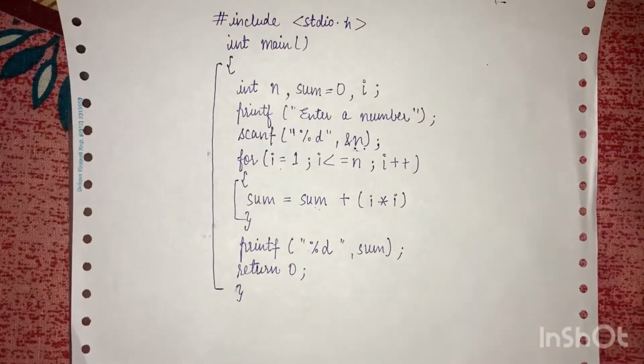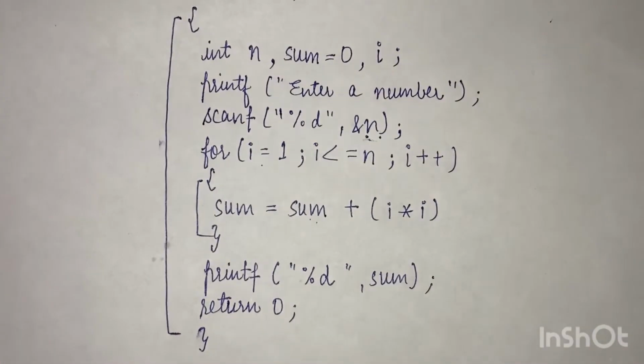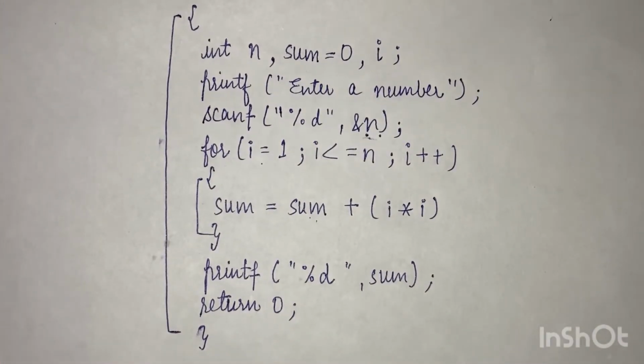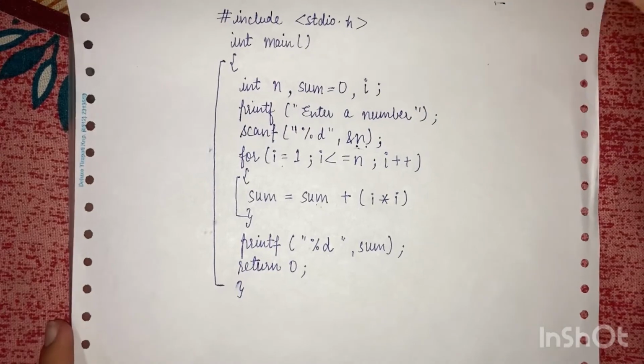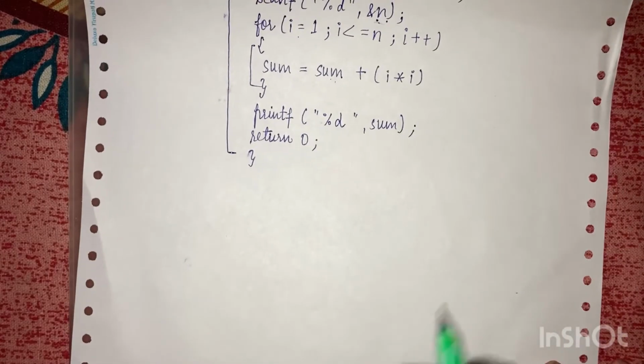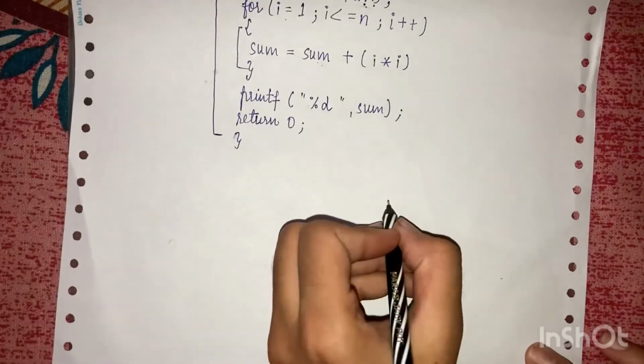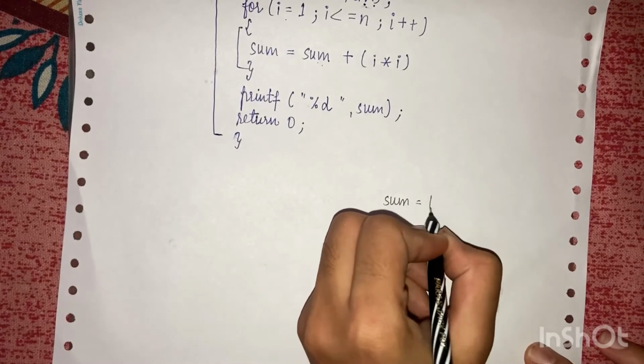Now for those of you who didn't understand the logic by looking at the code, I will show you the dry run. So let's see how this code runs. Initially we have assigned sum is equal to 0, so the value of sum initially is 0, right?